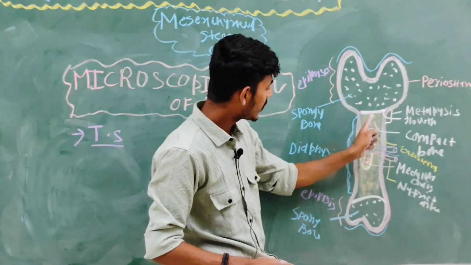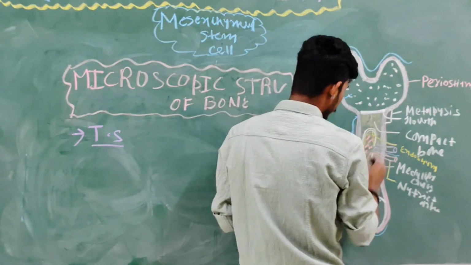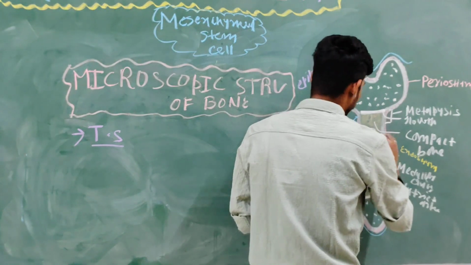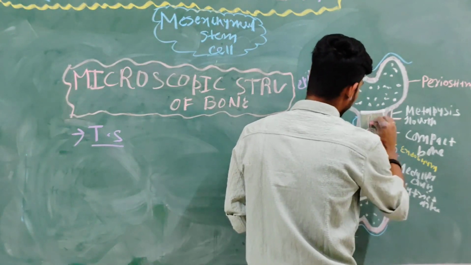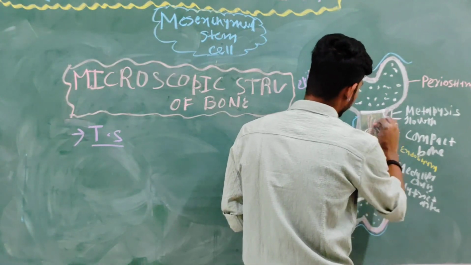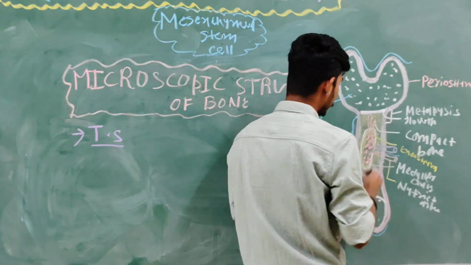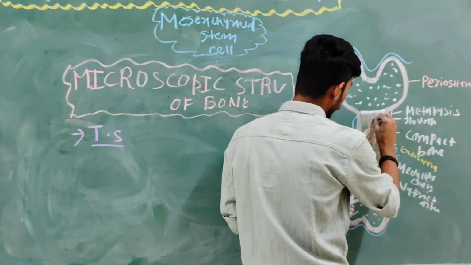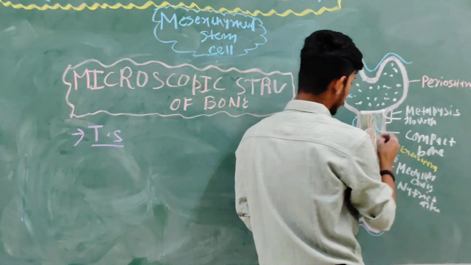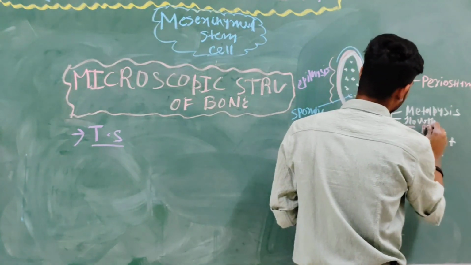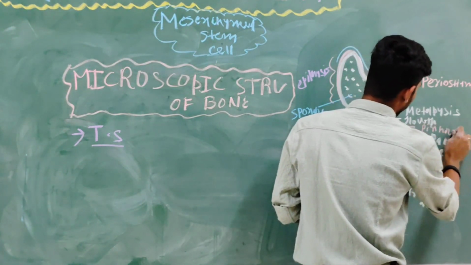Then there will be a metaphyseal artery, and as these metaphyseal arteries go above, they make one special kind of blood supply which has very important clinical correlations, called the pinhole blood supply.